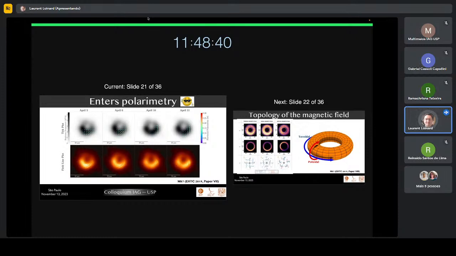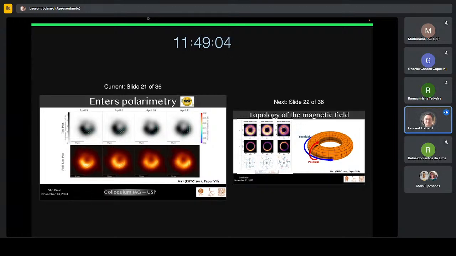Because what we can do also, and this is actually what Shelley has been specializing on, is look at polarimetry. You can decompose the light into its 2 polarizations, either linear or circular, and obtain images of the black hole in polarized light. And these are the images that we obtained from the same data as before.